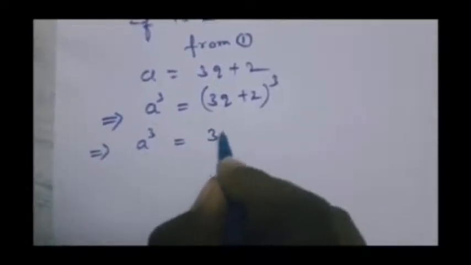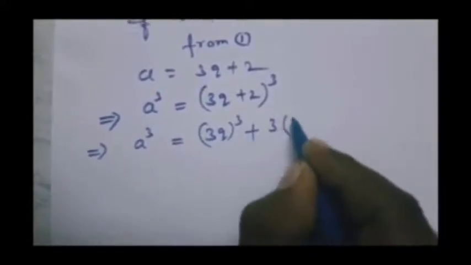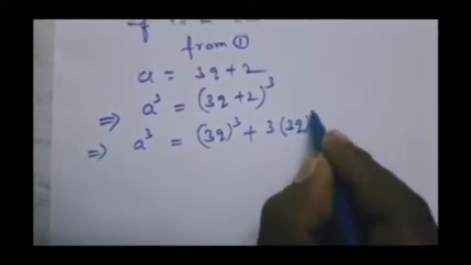Again use the a plus b whole cube formula: 3q whole cube plus 3a square b plus 3ab square plus b cube.